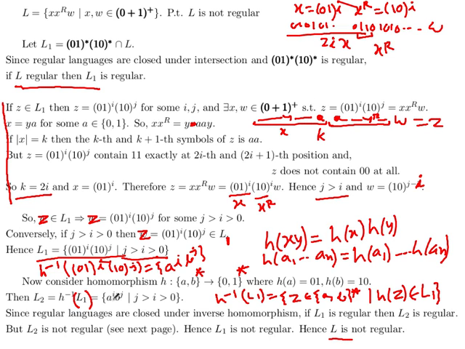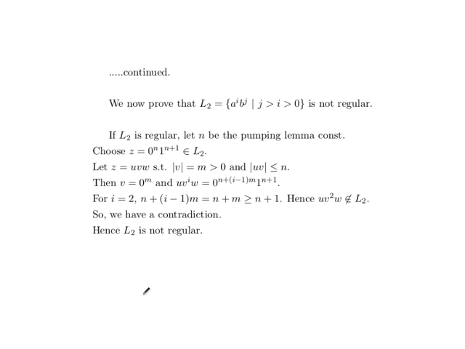How to prove that this is not regular? It's very straightforward. L2 is just a to the i b to the j, where j is strictly greater than i. If it is regular, we use the pumping lemma. Let n be the pumping lemma constant. We pick this string, which is in L2 because the number of b's is greater than the number of a's. If we break it up with the constraint, then v consists entirely of a's, and its length is greater than 0, so v is a to the m.